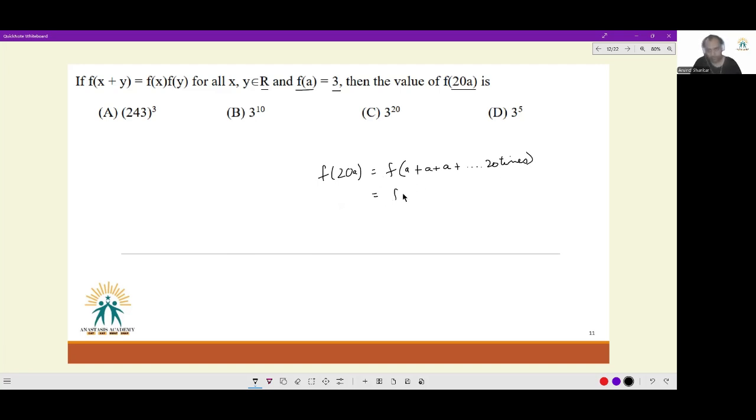So it is going to be f(a) raised to the power 20, which will be equal to 3 raised to the power 20, or option C will be the answer.